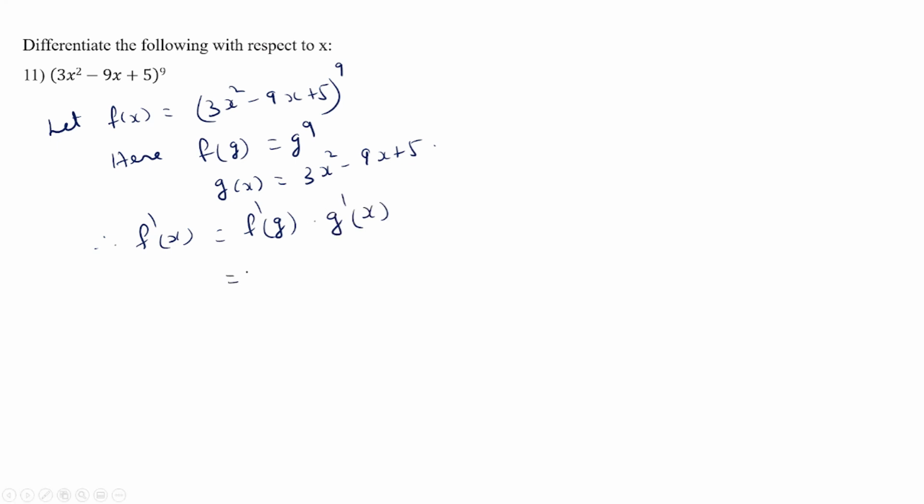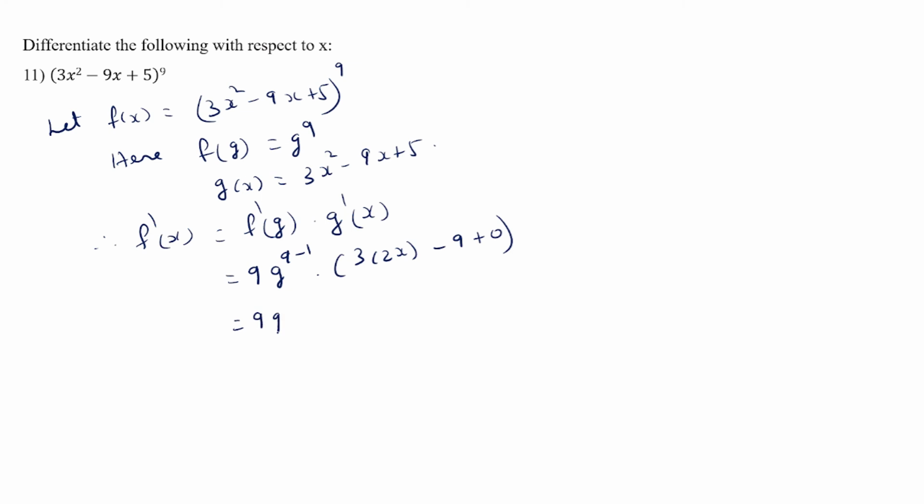Now f dash of g will be the derivative of g raised to 9, which is 9 into g raised to 9 minus 1 into the derivative of g of x, 3x square minus 9x plus 5. It will be 3 into 2x minus 9 plus 0, since the derivative of x square is 2x, the derivative of x is 1, and the derivative of a constant is 0.